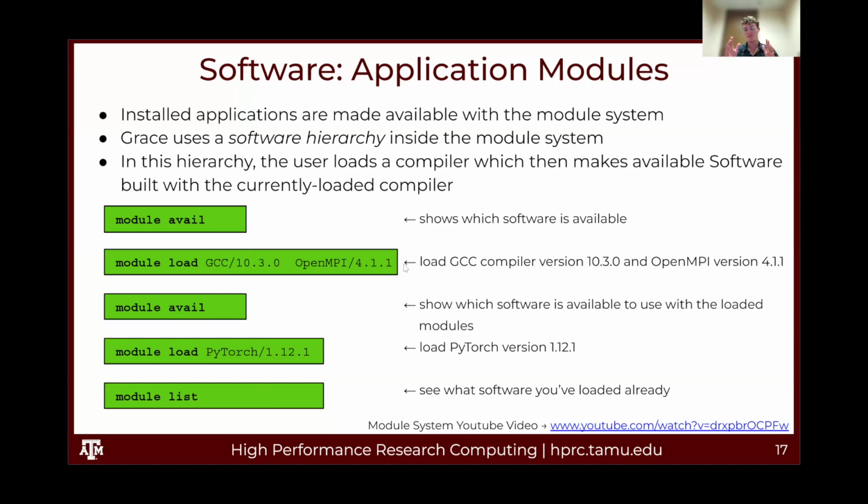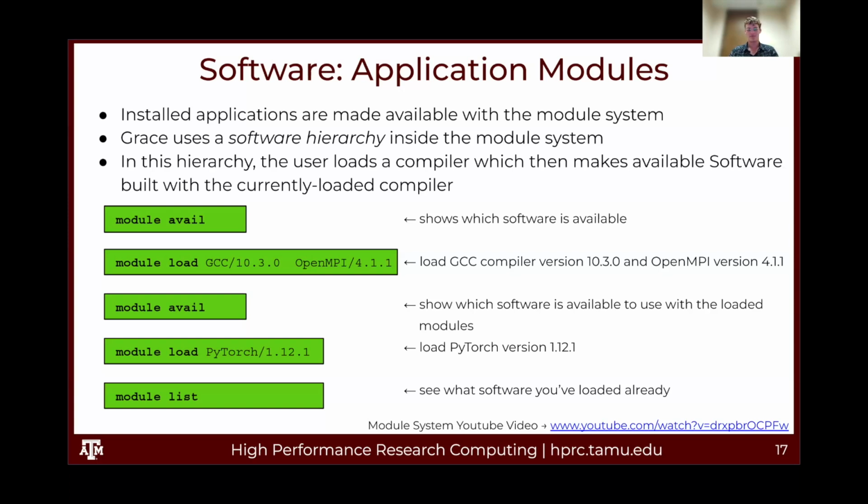The way that our modules work on the cluster is that there's a hierarchy in which certain modules might need to be loaded first before you load higher level modules. In this case, in order to use PyTorch 1.12.1, you first need to load the GCC compiler version 10.3.0 and OpenMPI 4.1.1.